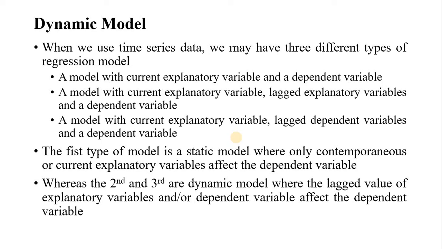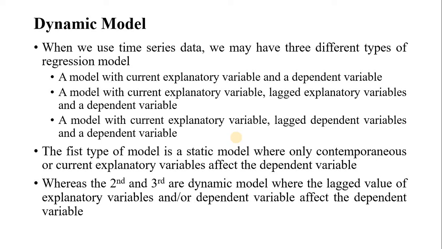Whereas the second and third models are not static models, but dynamic models, where the lagged values of explanatory variable or lagged values of dependent variable will affect the dependent variable. Consumption depends on past income or previous income, or consumption depends on permanent income, or consumption depends on previous level of consumption.